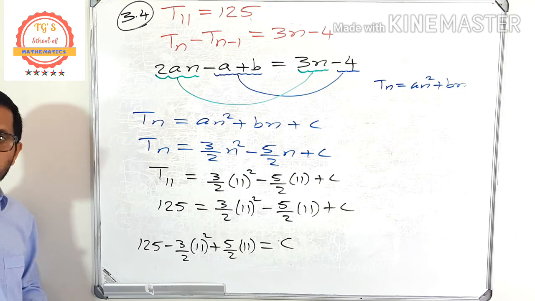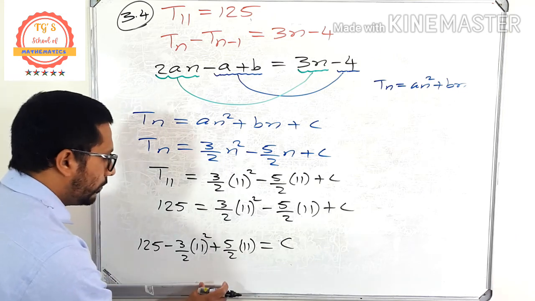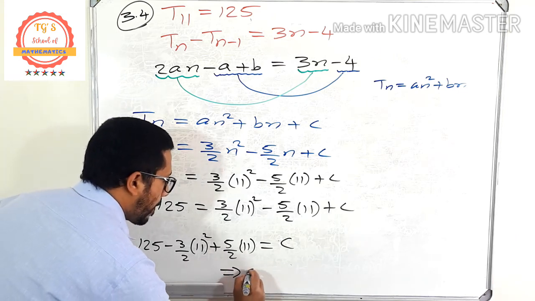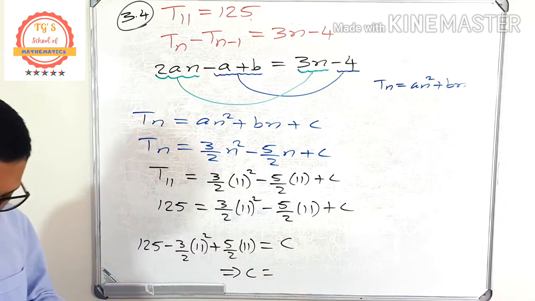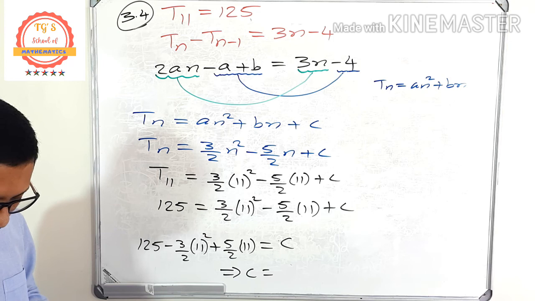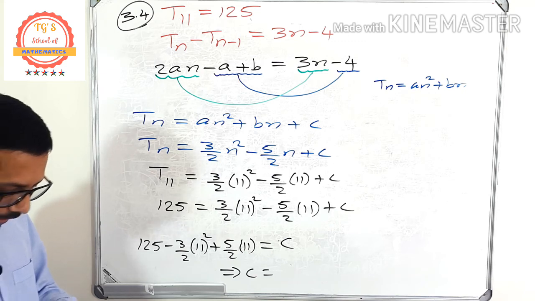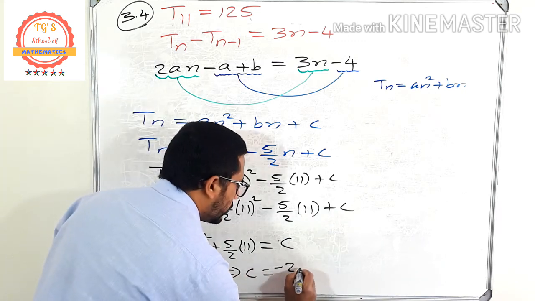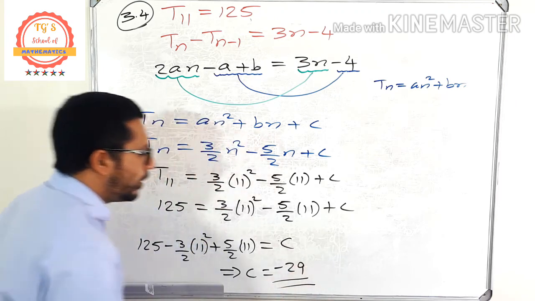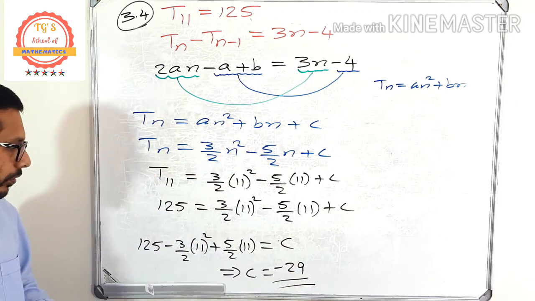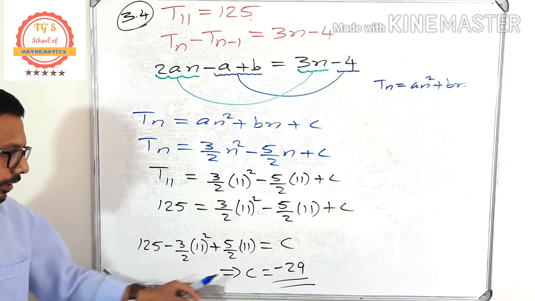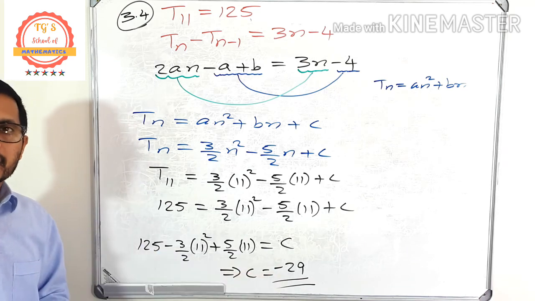Take your calculator and try to find the answer of this one. What answer are you supposed to get? You will get the answer as minus 29. That is the value of c.